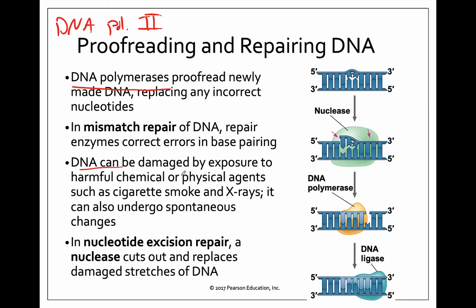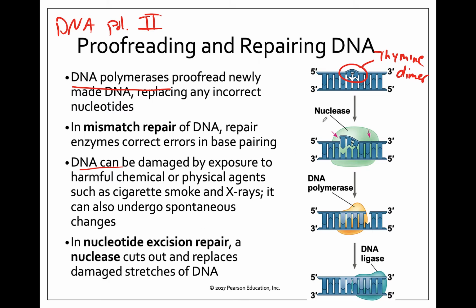DNA can also be damaged. So you know that smoking and X-ray radiation can cause DNA damage. The most common type of DNA damage is called a thymine dimer. This is when two thymines get bonded together here and they break their bonds with their complementary adenines. So this kind of DNA damage or any kind of mismatch in DNA replication gets repaired by something called nucleotide excision repair.